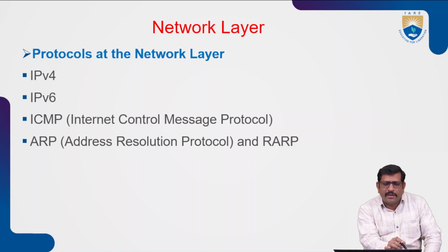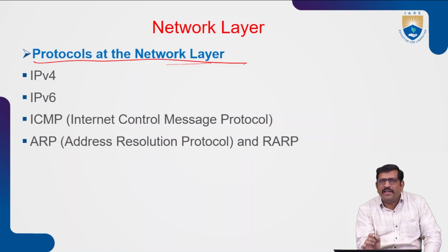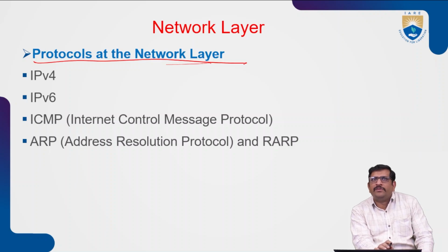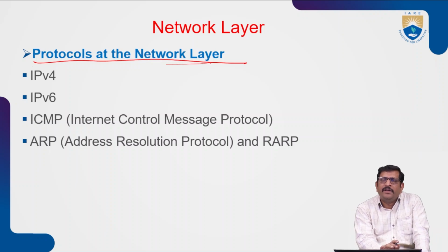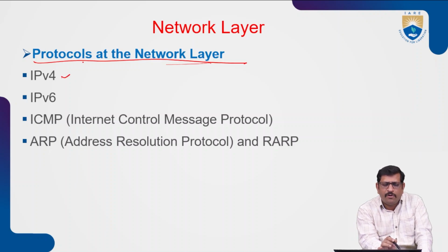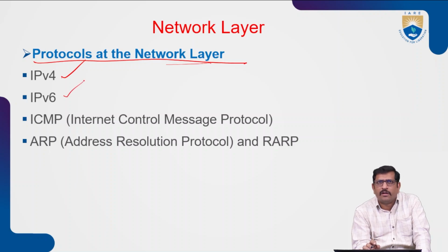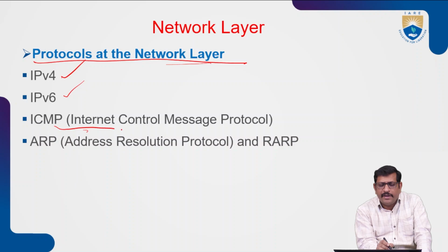Protocols at the network layer. At the network layer we use different protocols, by which effective and reliable communication can be established between two devices. The protocols are IPv4, IPv6, and ICMP, the Internet Control Message Protocol.